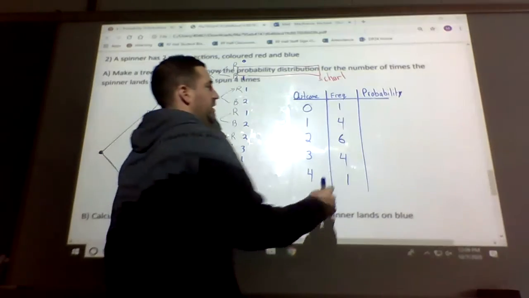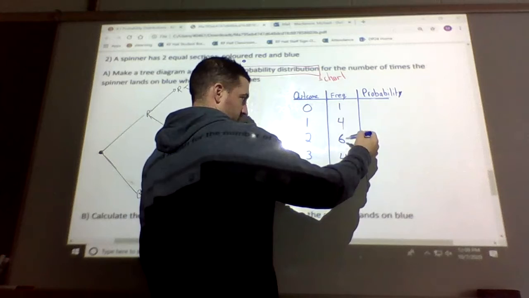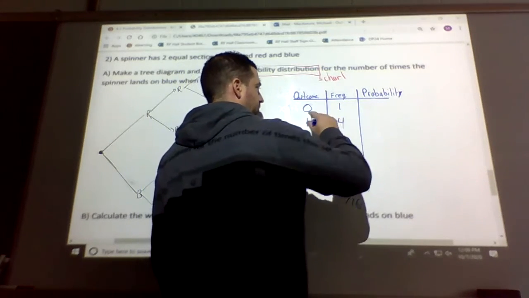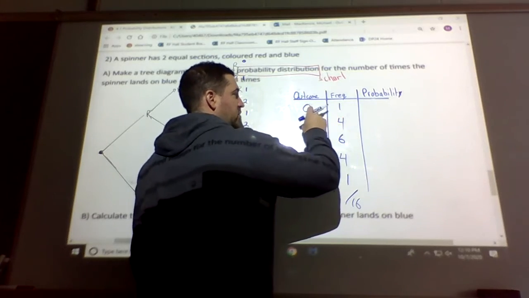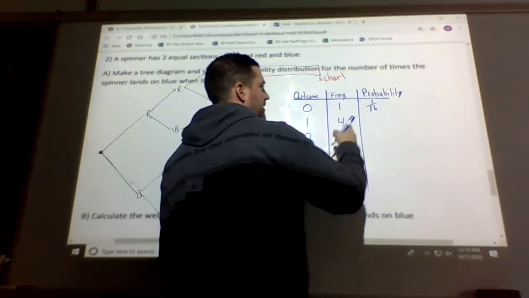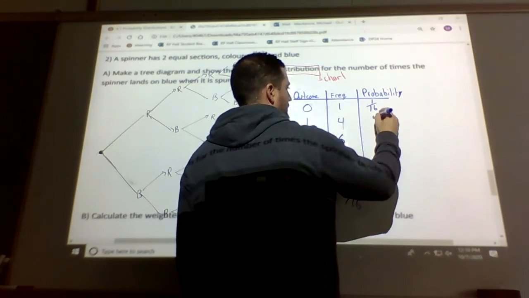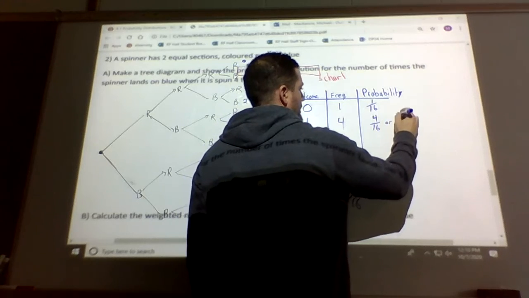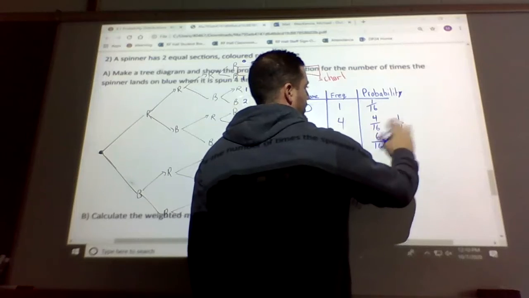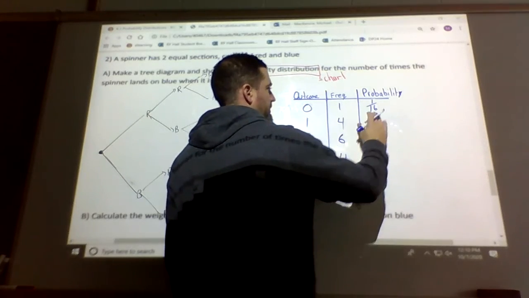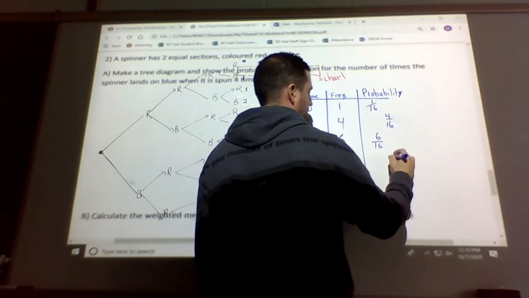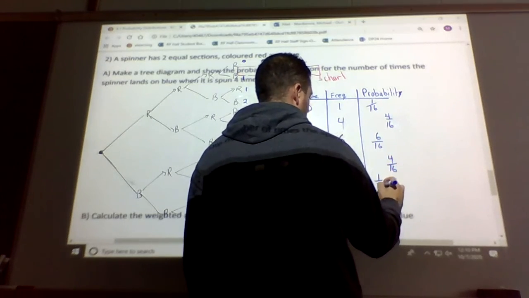So now the probability. It'd be out of 16 in total. If we want to land on blue 0 times, it's a 1 out of 16 chance. To land once, it's 4 out of 16, or a quarter, then 6 out of 16. Actually, I'm not going to reduce it here. So 1 out of 16, 4 out of 16, 6 out of 16, 4 out of 16, and 1 out of 16.